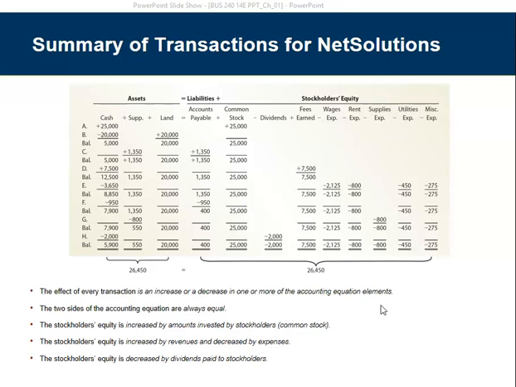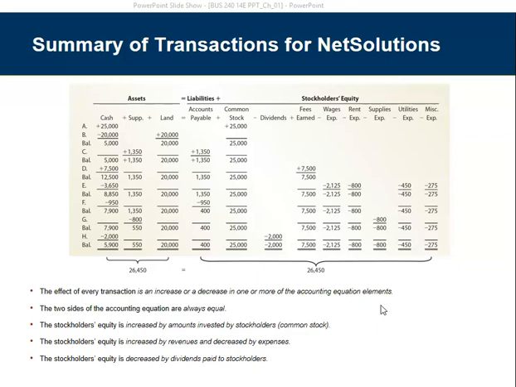The second bullet point says the two sides of the accounting equation are always equal. I've talked about that quite a bit. It says that stockholders' equity is increased by amounts invested by stockholders. And this is an absolutely true statement.